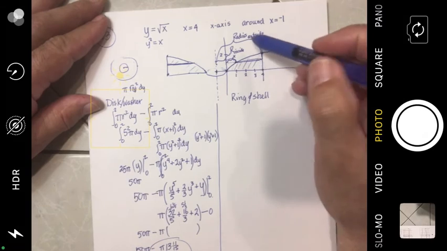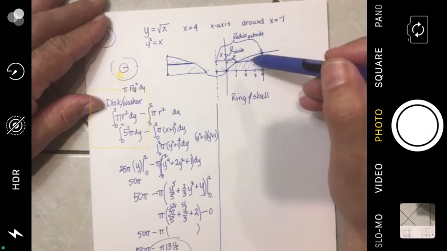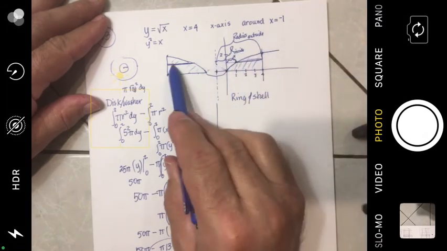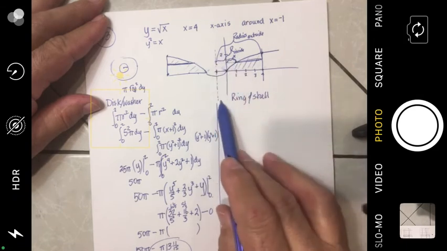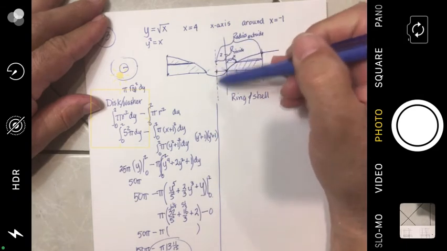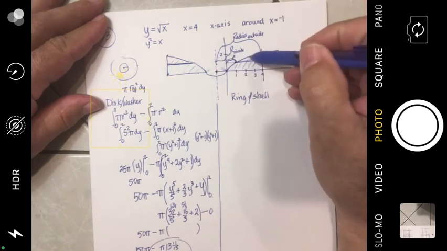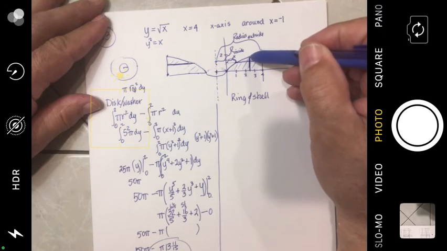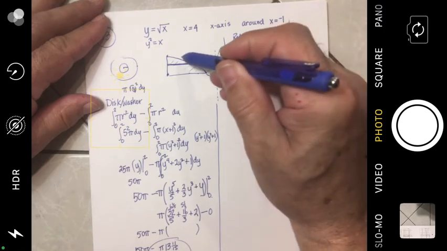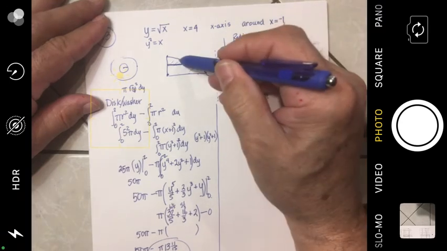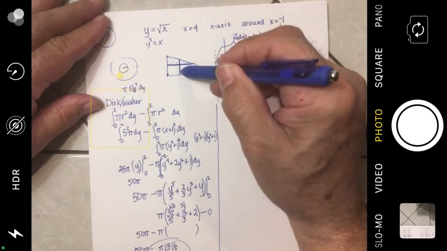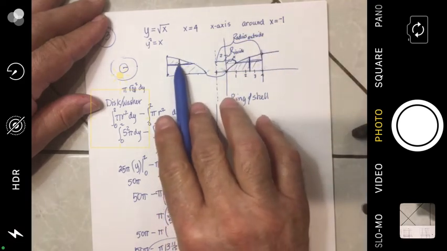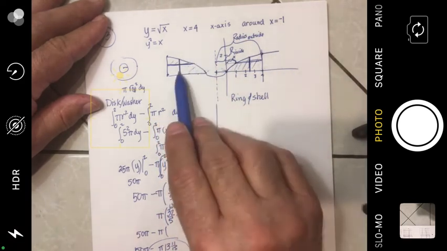The ring or shell method, you don't slice perpendicular to the axis, you slice parallel to it. So I'll make a slice here. Now, if that's the slice, and it's following this shape, the other part of it would end up over here. It would be a piece of pipe, and I don't know if you can visualize it.